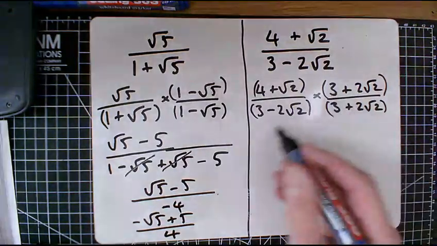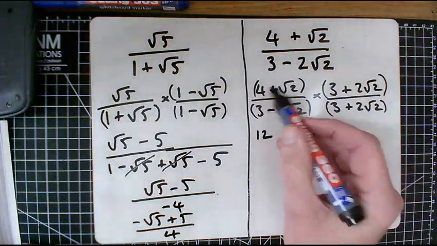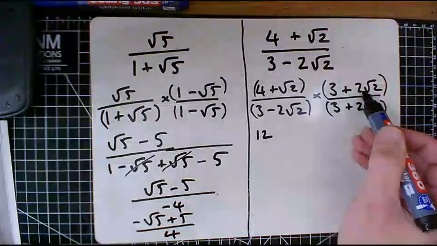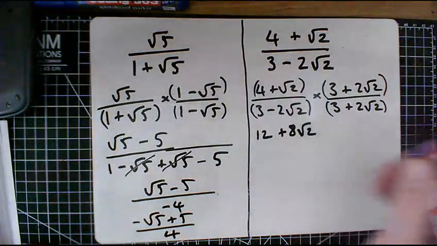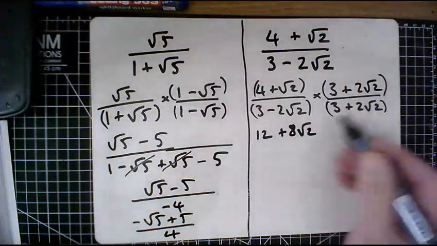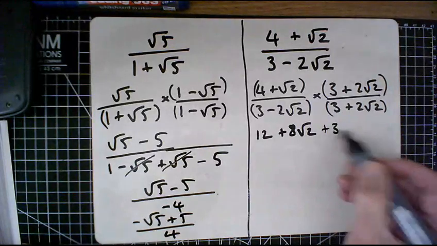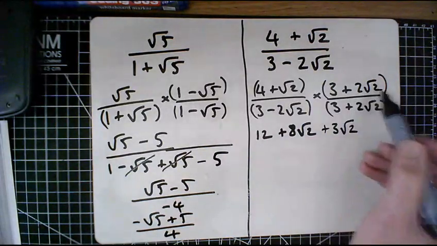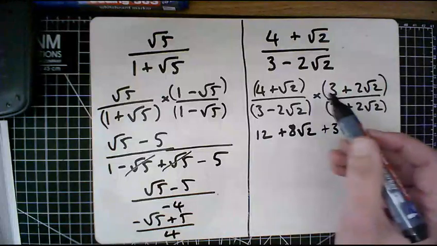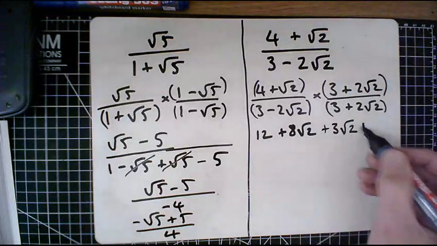4 times 3 is 12. 4 times 2 root 2 is going to be 8 root 2. Root 2 times 3 is going to be 3 root 2. And root 2 times 2 root 2, so they're both positive.